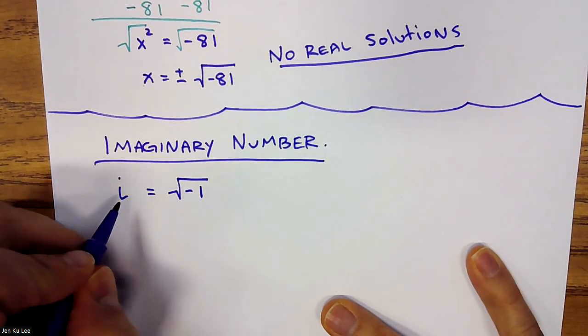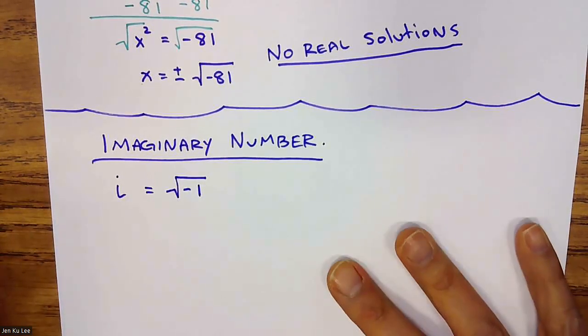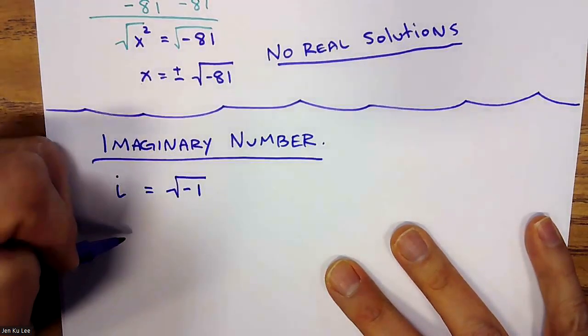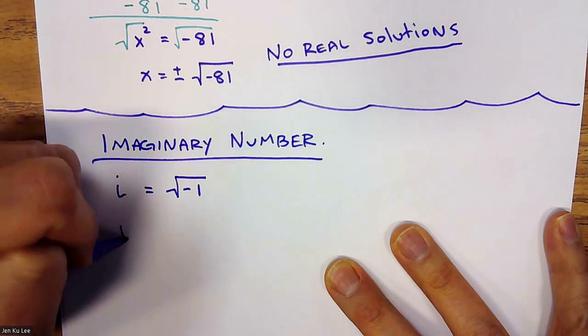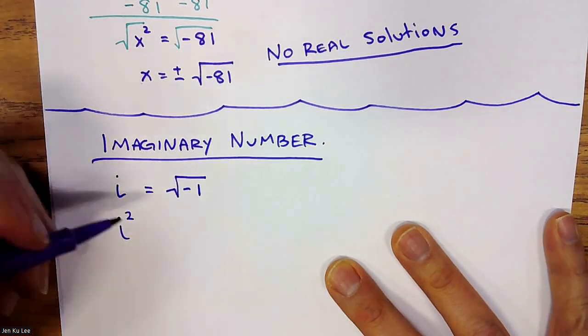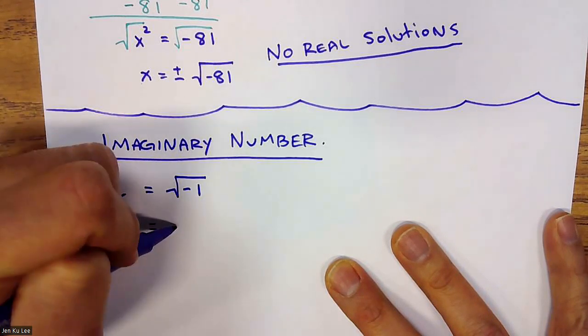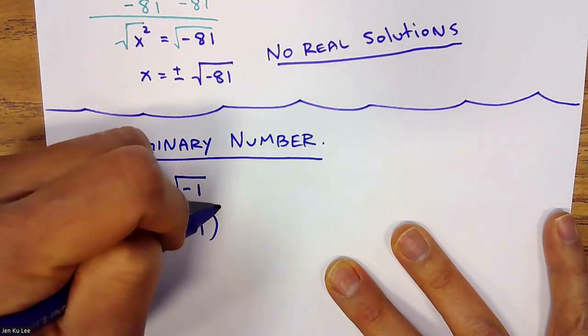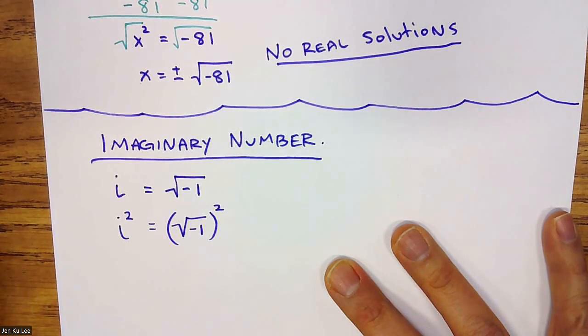So that's why we call it an imaginary number. This imaginary number, i, has a pattern to it. And I'll show you guys the pattern right now. i squared equals square root of -1 squared, correct?